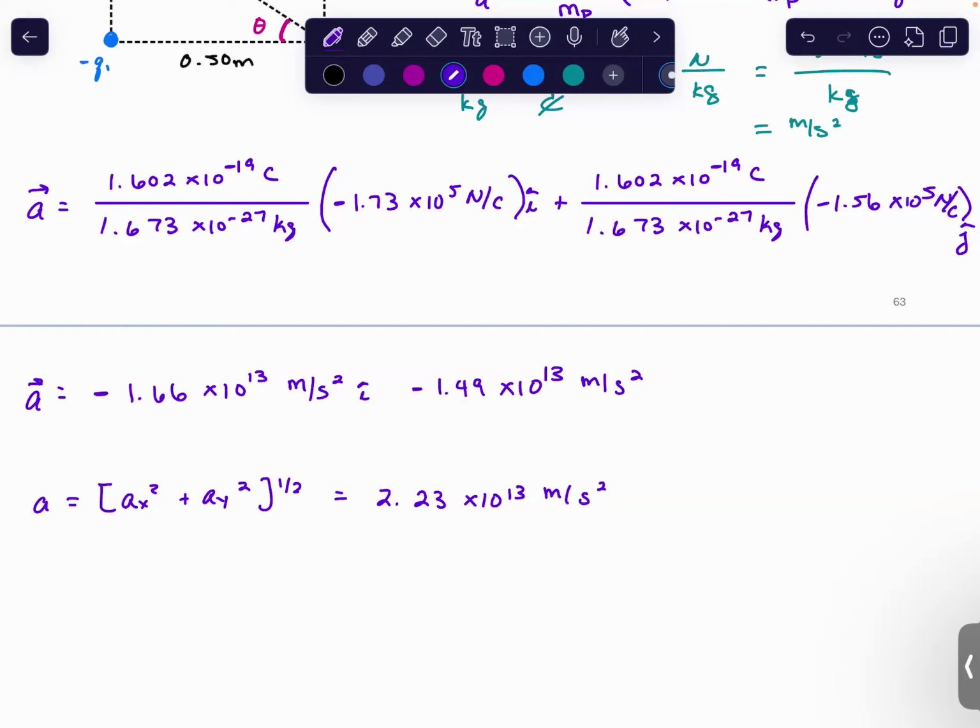This is more acceleration than Jupiter has. So electric fields, magnetic fields, very, very powerful. This is why, for example, you throw a proton in there, it's going to get near the speed of light within, I don't know, a large estimation, a few seconds, but you would go very fast in a very quick time.